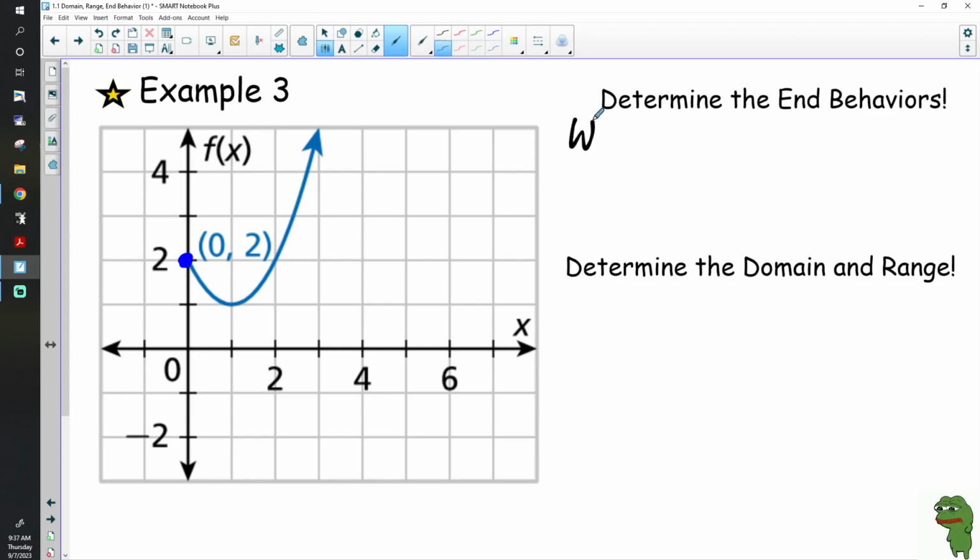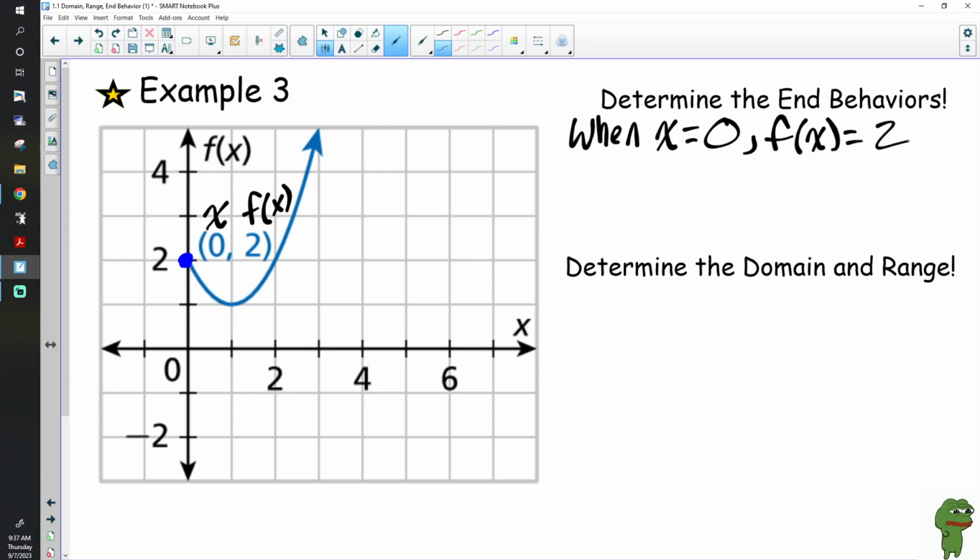So when x equals 0, remember first number is x, second number is f of x. When x equals 0, what does f of x equal? 2.